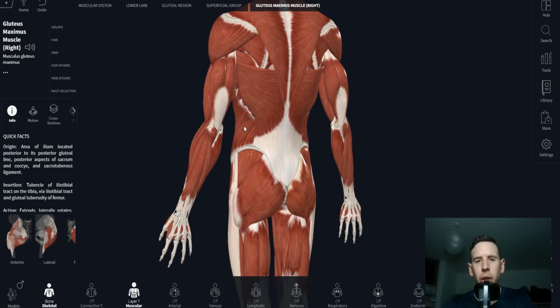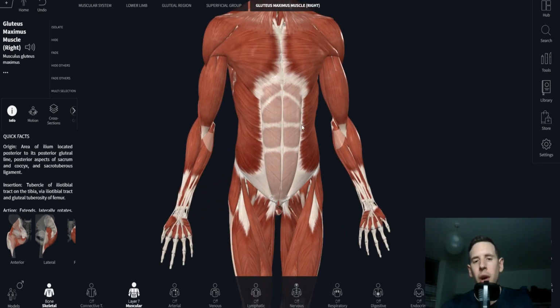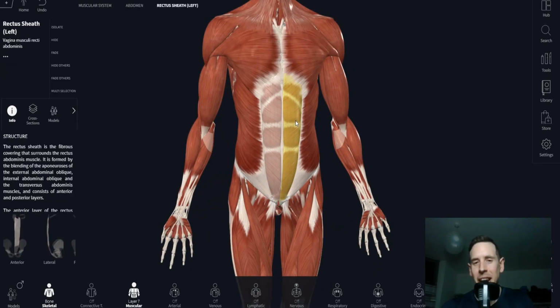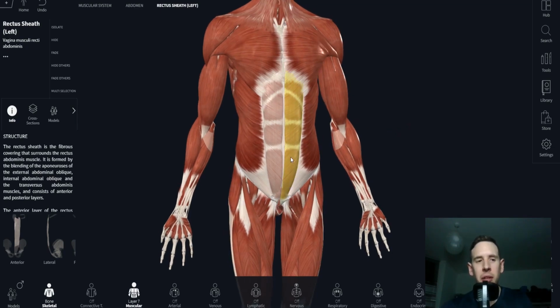That's some of the muscles on the back, on the most superficial layer. If we come around to the front, everybody's familiar with the six-pack abs. Whether or not they're visible is another question, but I promise you they're there. We've all got them. The rectus abdominis is the muscle in question that we can see here.